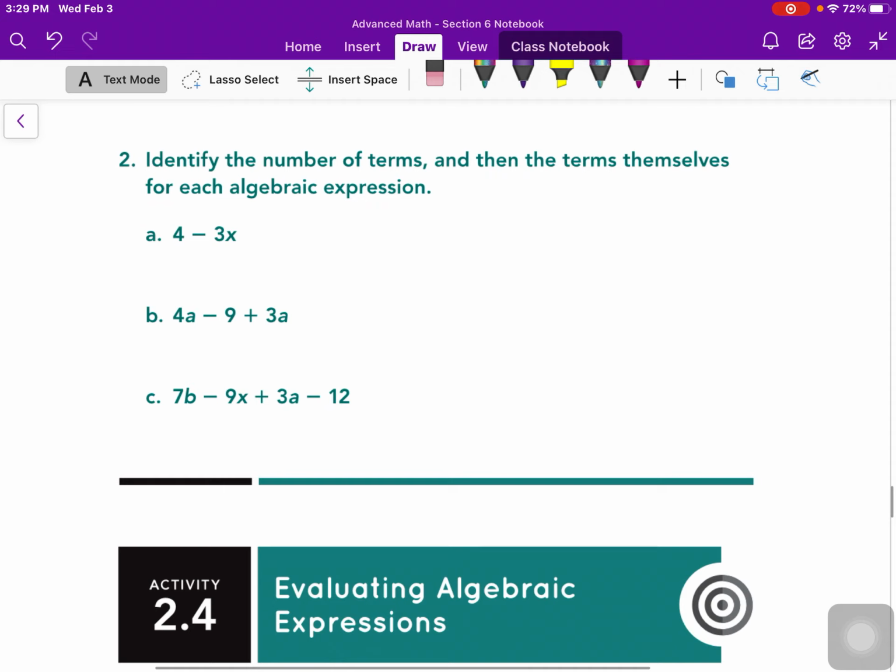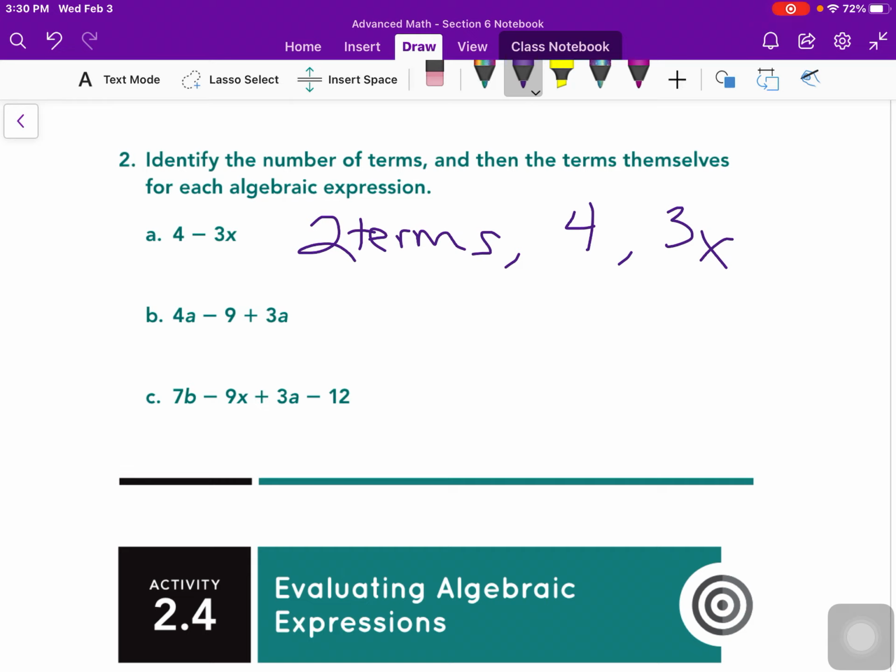Identify the number of terms and then the terms themselves for each algebraic expression. Okay, identify how many terms. Well, there's 2 terms. I can see that. And then the terms themselves. The first term is a constant 4, and the second term is 3x. So they just want you to list it, 4 and 3x.